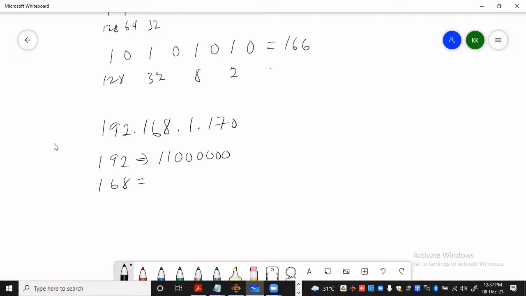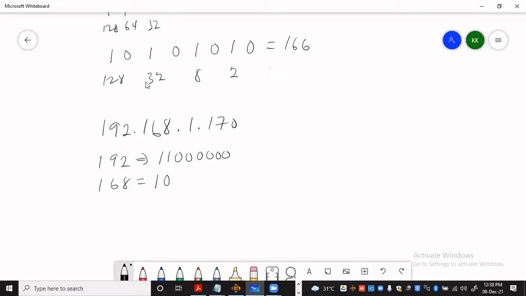Anybody? You can go back and look at it and reference it. 128 plus 64 is 192, so you can't flip the second bit on. The first bit has to be 1, the second has to be 0, it has to be off. But 128 plus 32 is 160, right?